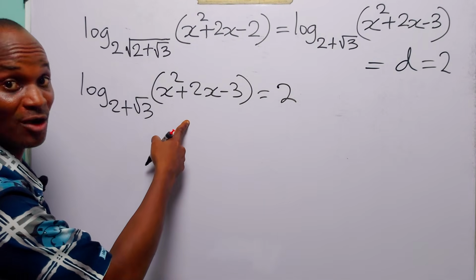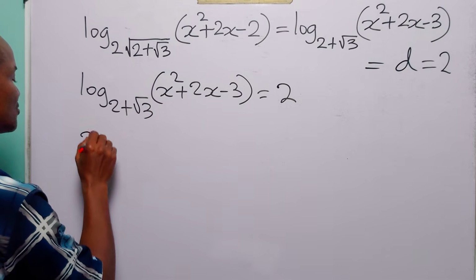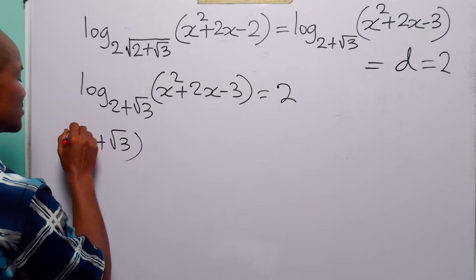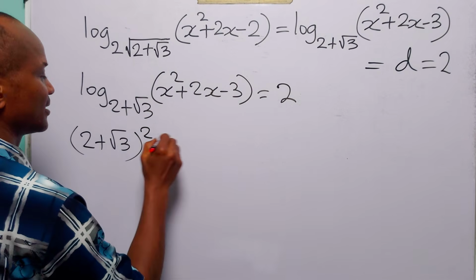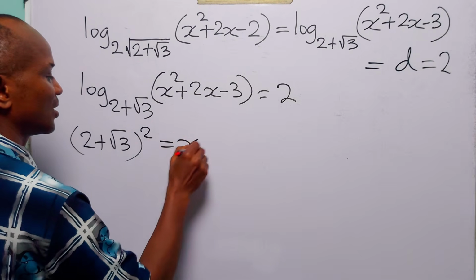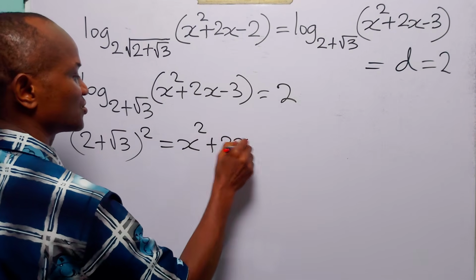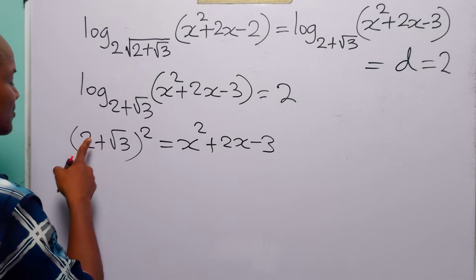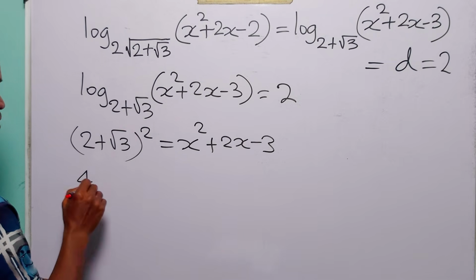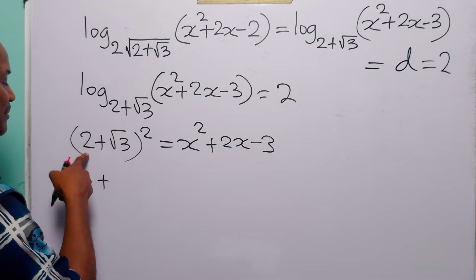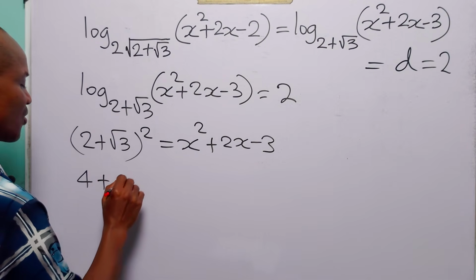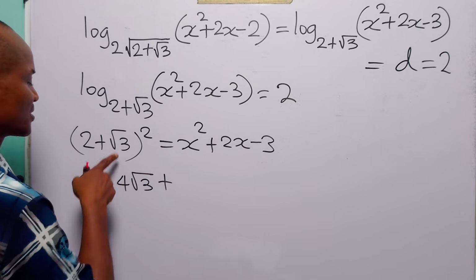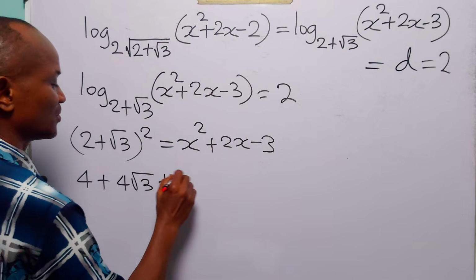And in exponential form, we can write this as 2 plus root 3 squared is equal to x squared plus 2x minus 3. Now let us expand this. We have 2 squared, which is 4, plus 2 times 2 times root 3, which is 4 root 3, plus root 3 squared, which is 3.